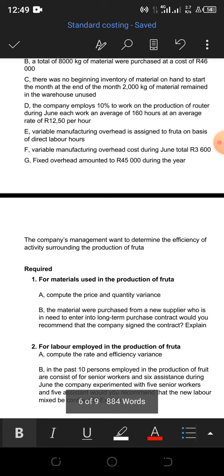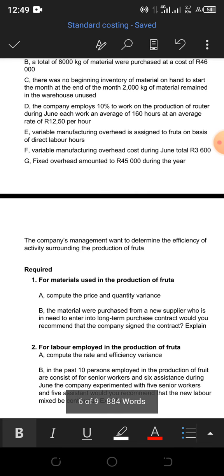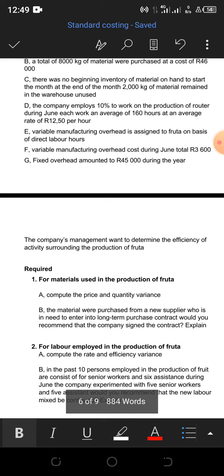They said for material used in the production of fruta, calculate the price and quantity variance. In other words, you are calculating the price variance and the quantity variance.